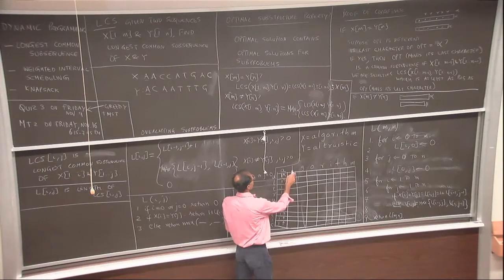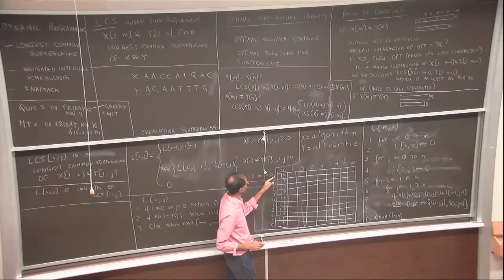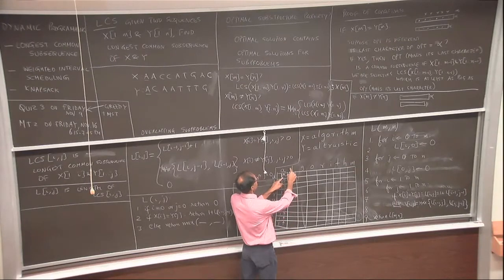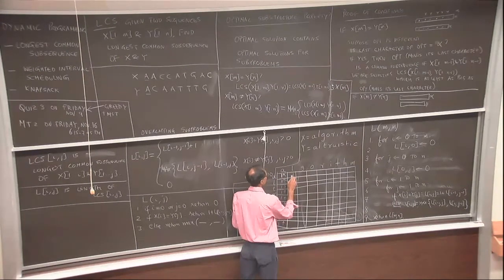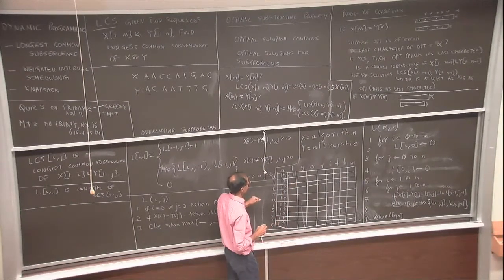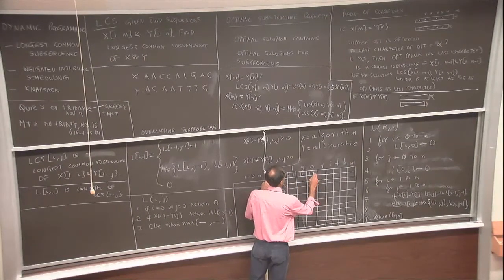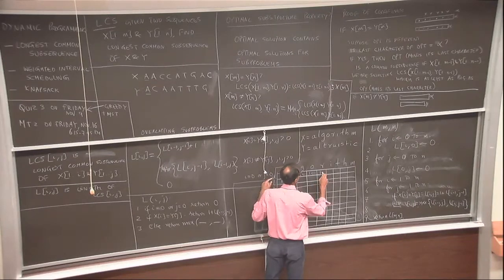So A and L, are they matching? No. So I take the maximum of this and this, and this is a 0. So I get 1, and I put another arrow like this. A and G, 1, arrow like this. A and O, 1, arrow like this. A and R, 1, arrow like this. 1.